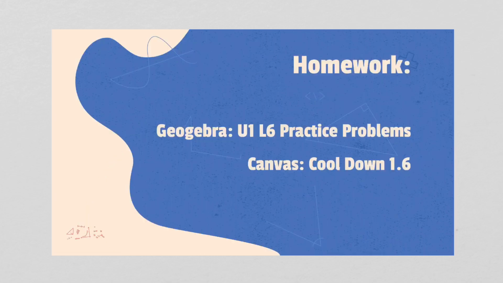And let's see here, last couple things. So your homework. You need to do the 2 activities that I just said. They're going to be in GeoGebra. Those are also labeled U1 L6, so Unit 1, Lesson 6.